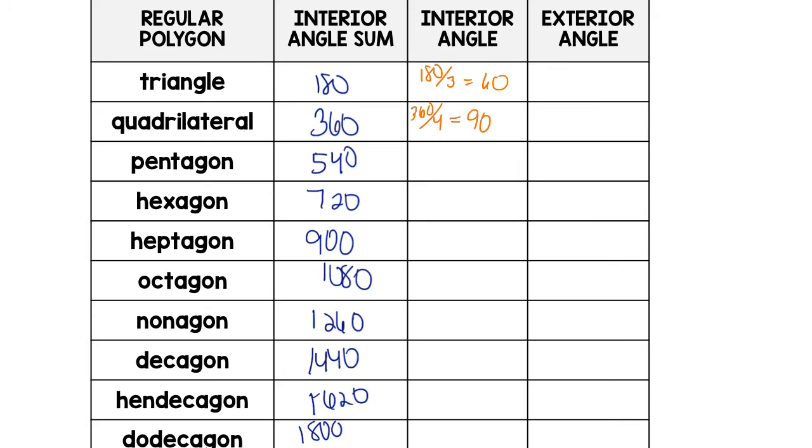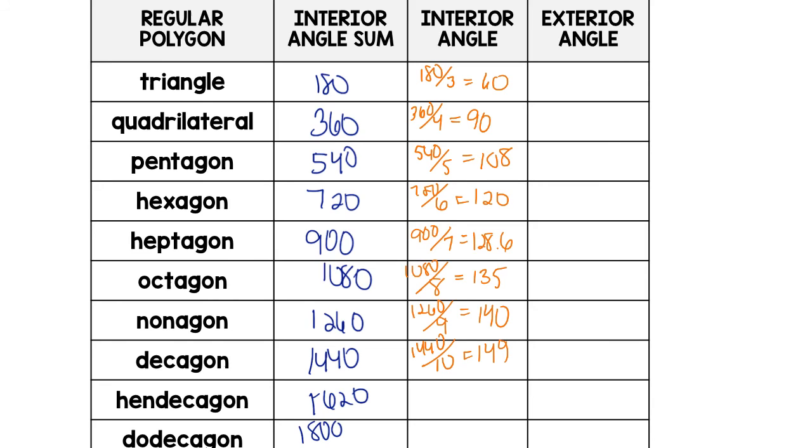So we take the interior angle sum divided by the number of angles. 540 over 5 is 108. 720 over 6 is 120. 900 over 7 is 128.6. 1080 over 8 is 135. 1260 over 9 is 140. 1440 over 10 is 144. 1620 over 11 is 147.3. And 1800 over 12 is 150.